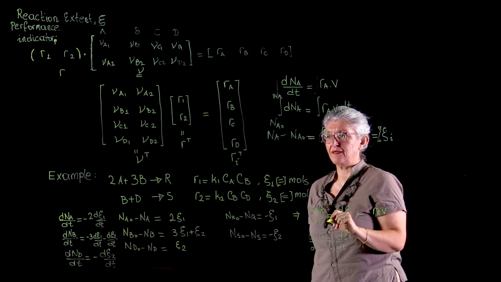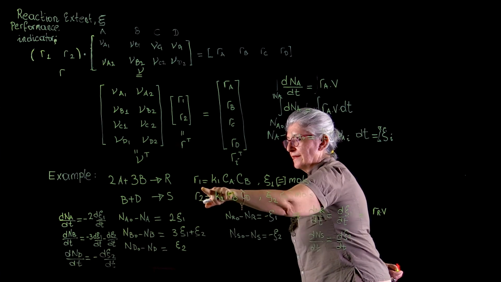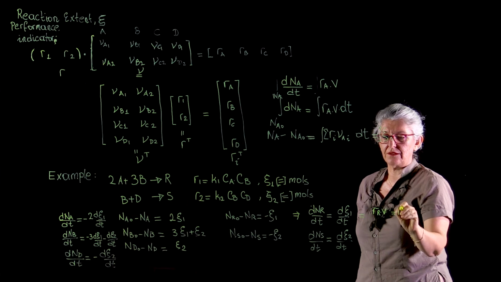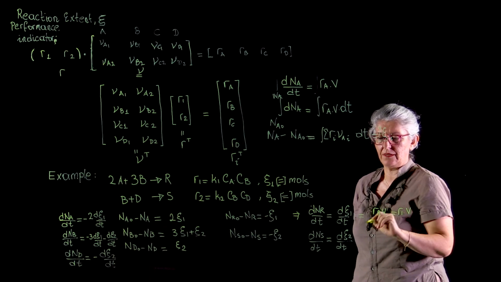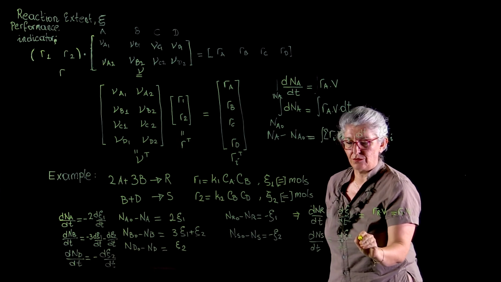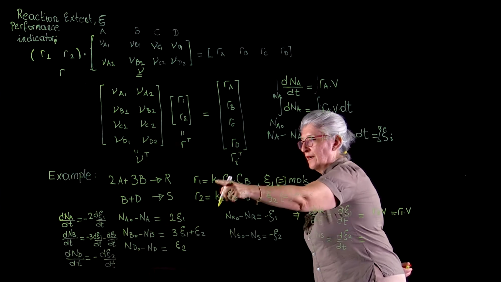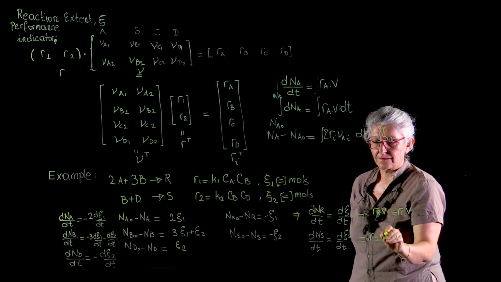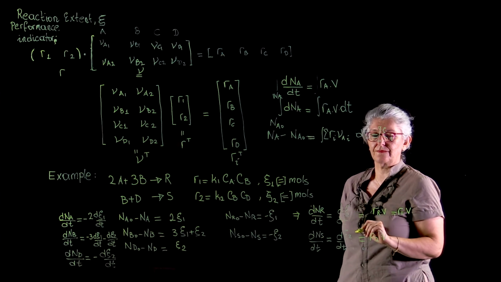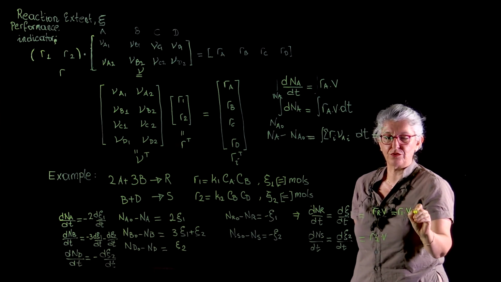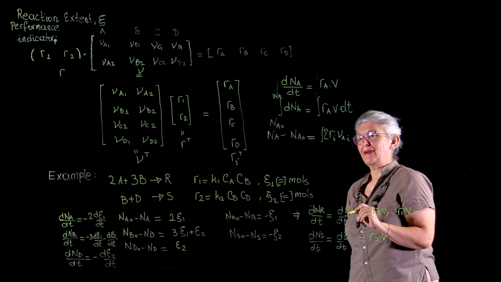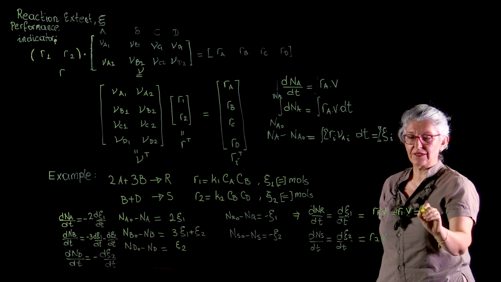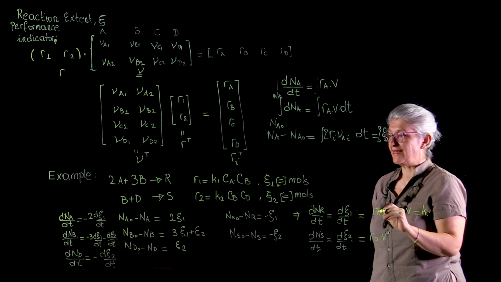What is RR? It is R1 times nu R, that is equal to R1 times V. This is going to be R2 times V, and we are going to introduce the rates in terms of concentrations, K1 times Ca.